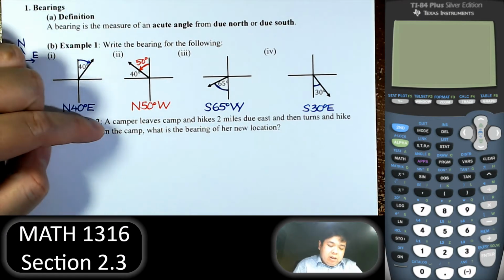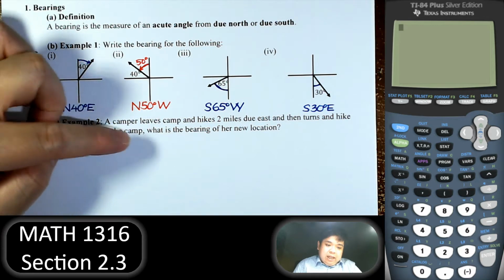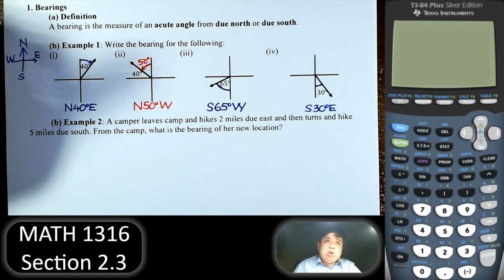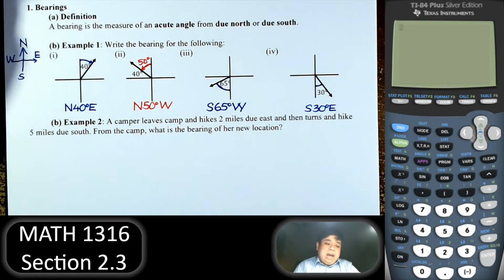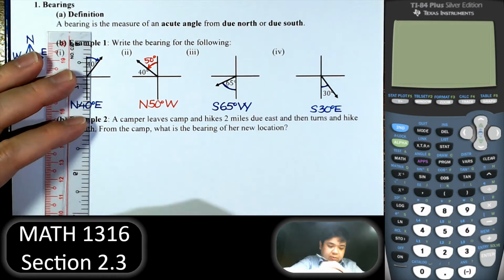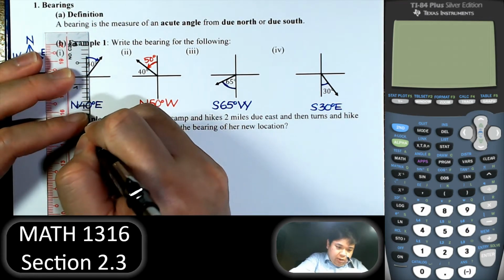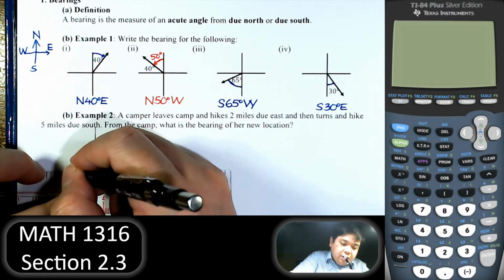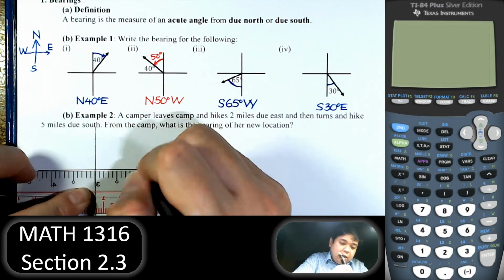A camper leaves camp and hikes 2 miles due east, and then turns and hikes 5 miles due south from the camp. What is the bearing of her new location? So let's just write in general.